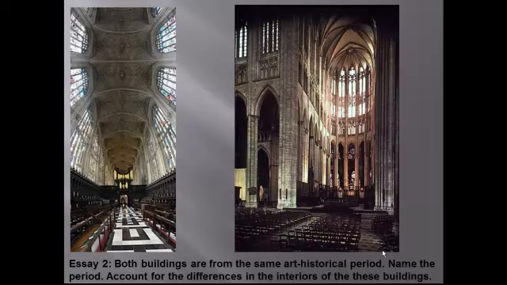They're both from the same period. And you should explain what distinguishes the church on the left from the church on the right. Hint: think geography, but you need to say more than just what country each comes from. Explain the differences in style between these two national forms of the Gothic, okay?